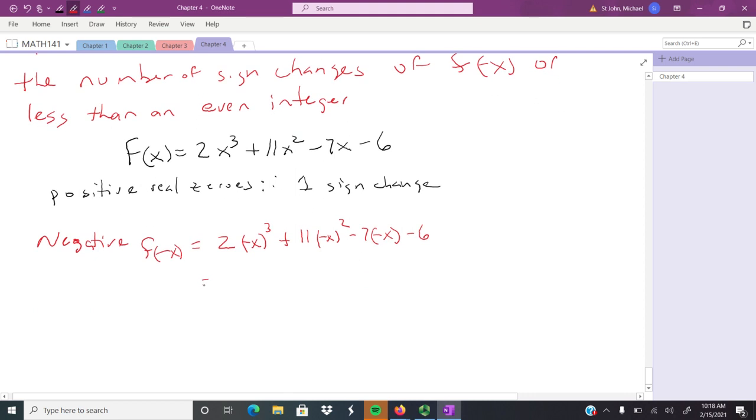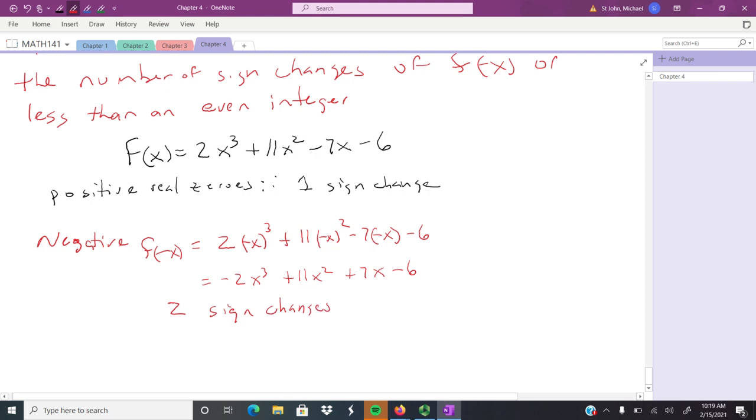This is going to be minus 2x cubed plus 11x squared plus 7x minus 6. Now we want to know the number of sign changes. We go from negative to positive, that is 1, and then we go to negative, so we have 2 sign changes.